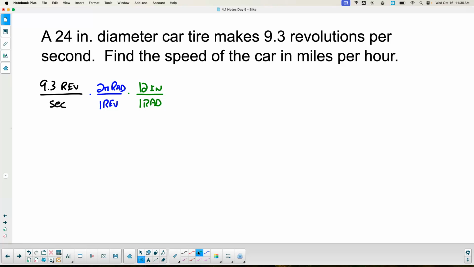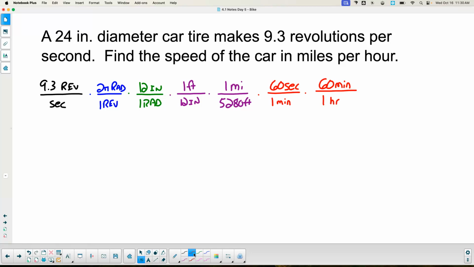So now I got to change that into miles per hour. So 12 inches is 1 foot. There are 5,280 feet in 1 mile. And there are 60 seconds in 1 minute. And there are 60 minutes in 1 hour.